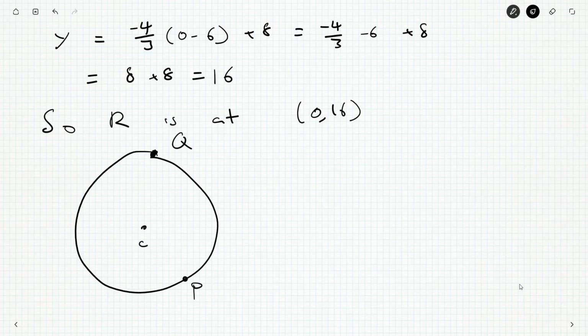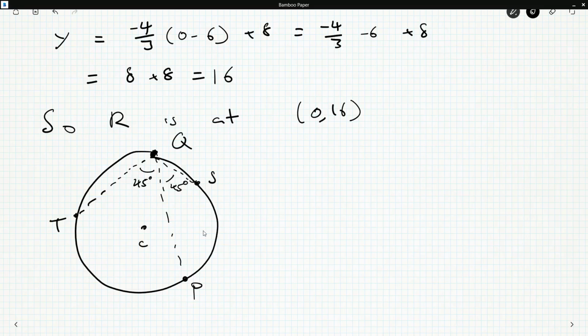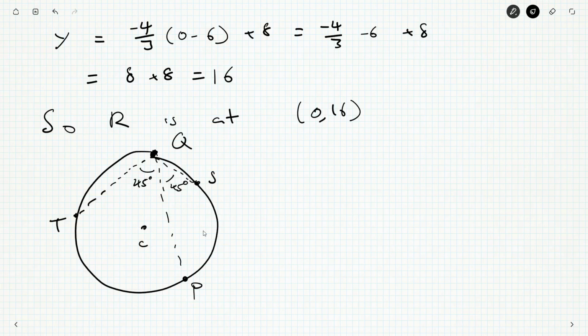C is probably going to be relevant. And we have PQ, and then there's some point S over here, and I guess another point T over here, so that both of these angles are 45 degrees. It is the angle centered at Q in both cases. Okay, so that's what we need to work with.